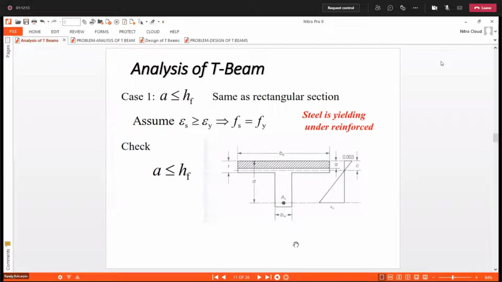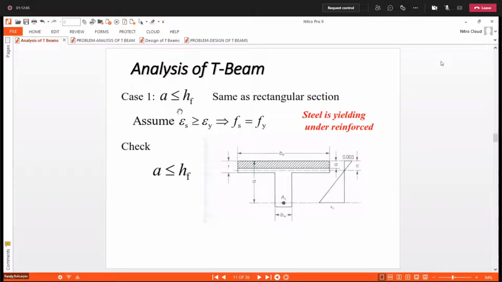Okay, so let's move on now to the analysis of case 1. If we consider case 1, wherein the depth of the compression block a is equal to or less than hf, where hf is the thickness of the slab, or the thickness of the flange. If our a is within the flange, then the treatment is as a rectangular section.